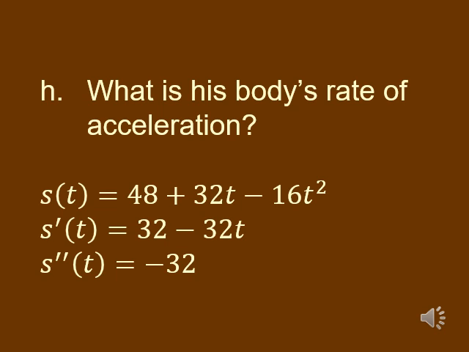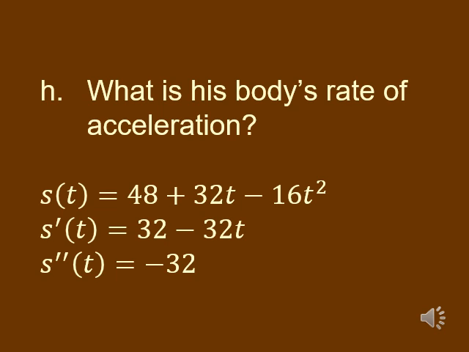Acceleration you can label a couple of ways. In modern times, the most common way to write it is -32 feet per second squared, which, by the way, happens to be the same as -9.8 meters per second squared, another number you might be familiar with. Another way you can think about that is -32 feet per second per second.